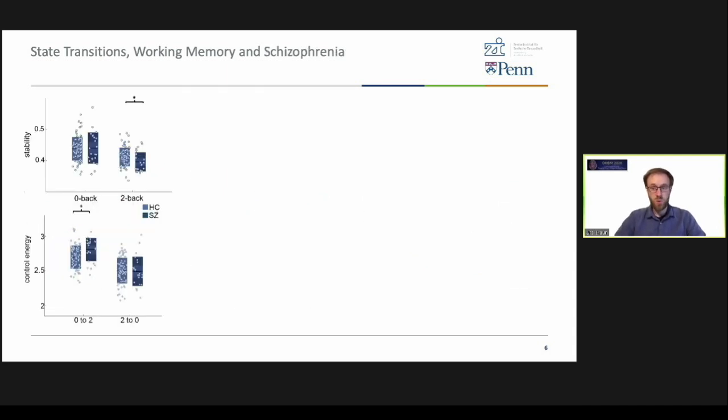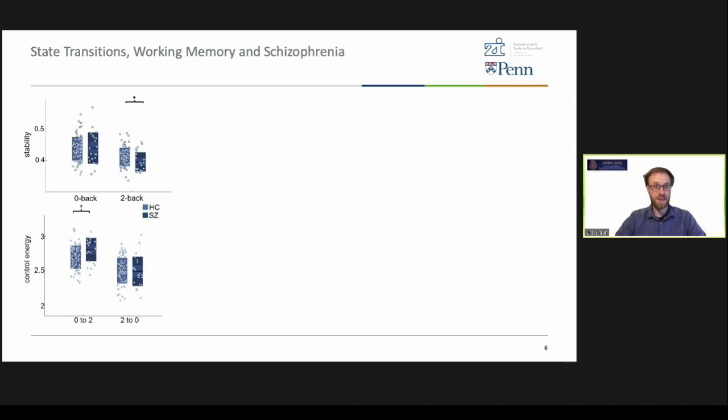Dopamine dysfunction, working memory deficits, and alterations in brain network organization are hallmarks of schizophrenia. So we also looked at schizophrenia to investigate how our network control metrics are altered. We found that the stability of brain states is altered in schizophrenia, but only in the cognitively more demanding tasks.